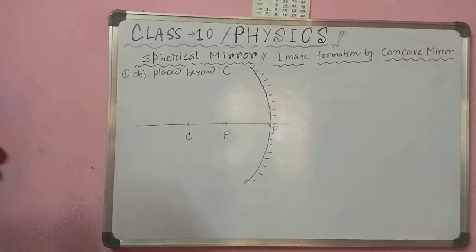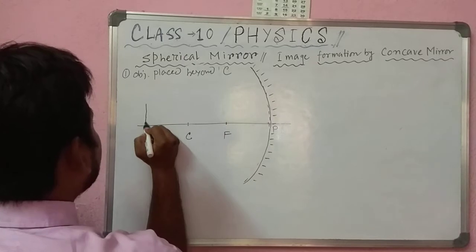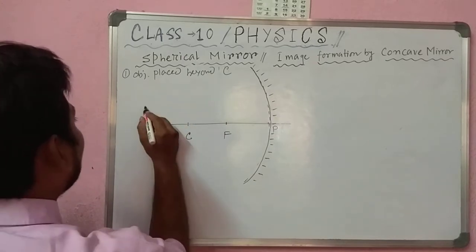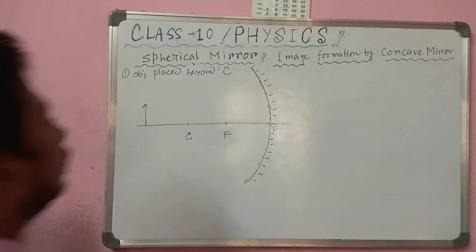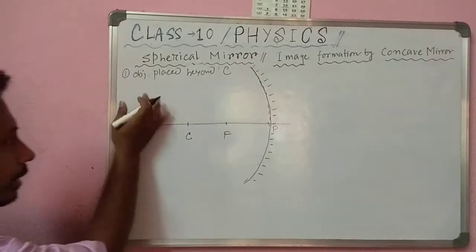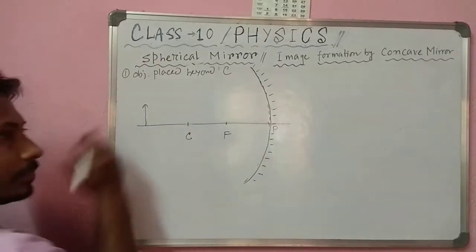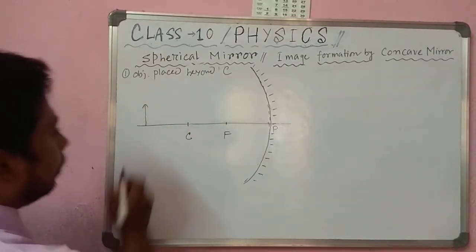For that, put the object like this. Take a 1 cm measurement of the object, and please place the object far from the center of curvature to get the lines properly.